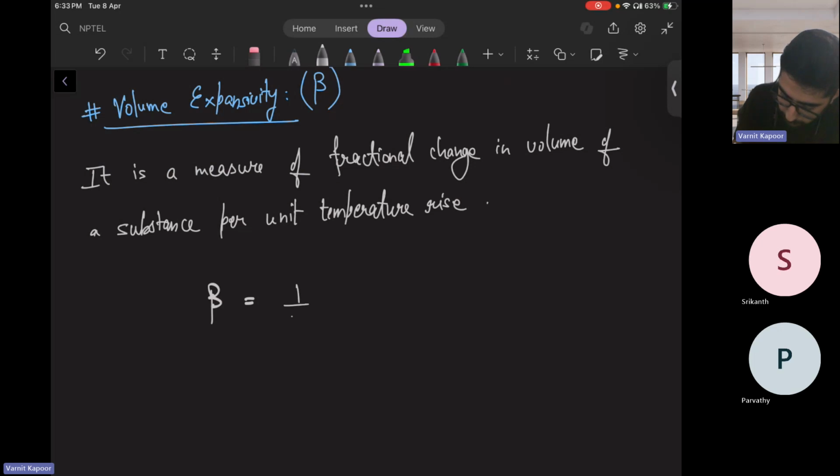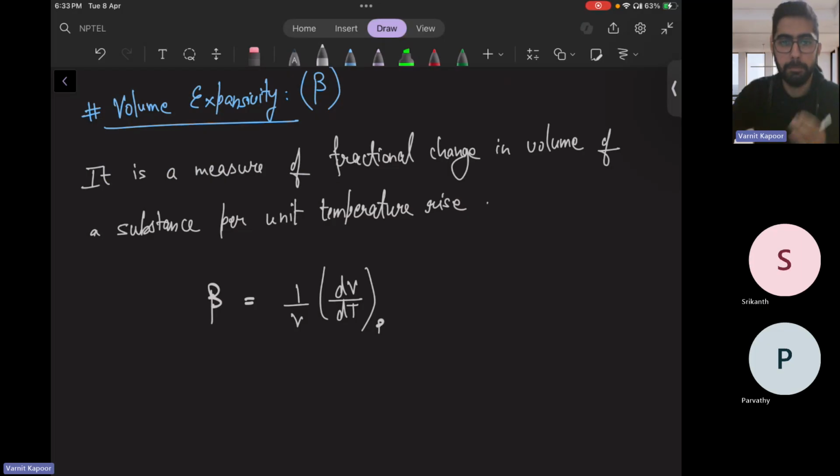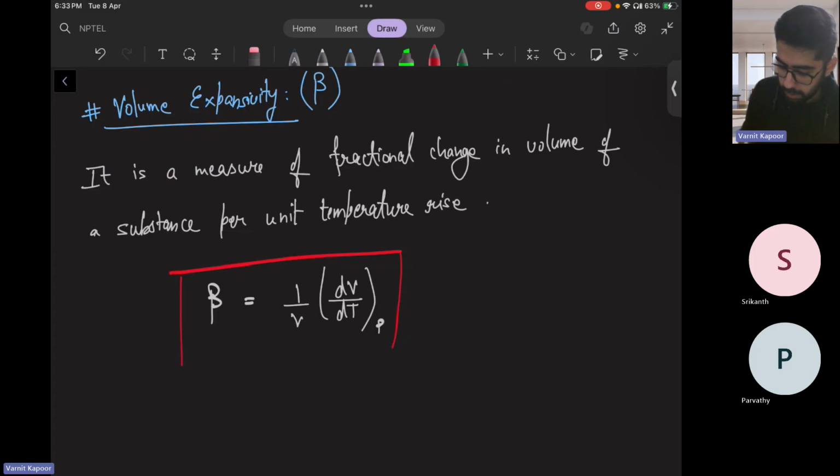So I can write this as 1/V (∂V/∂T) at constant pressure. So by the name, it is a measure of fractional change in the volume of a substance per unit temperature.